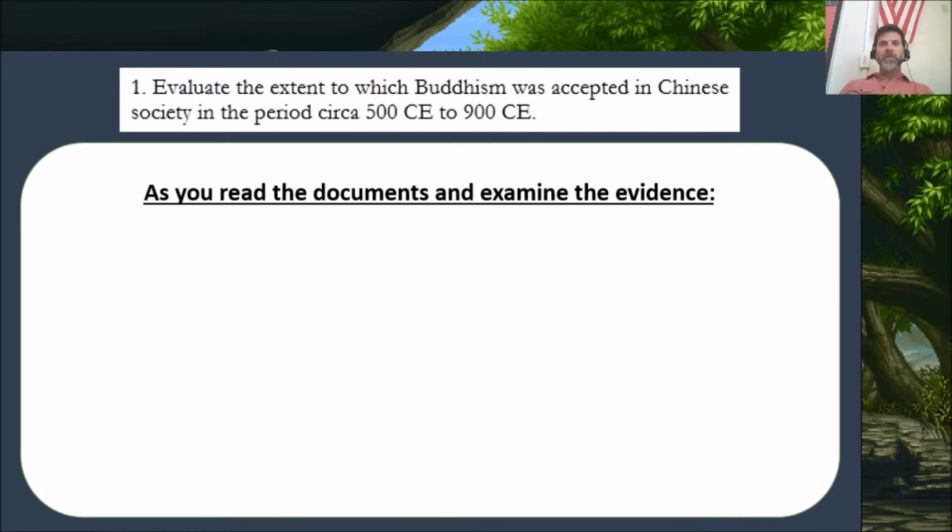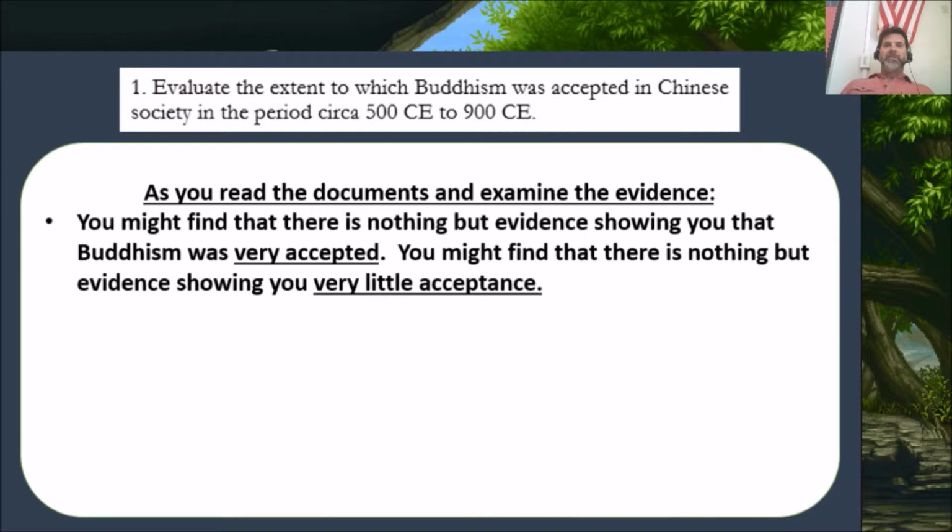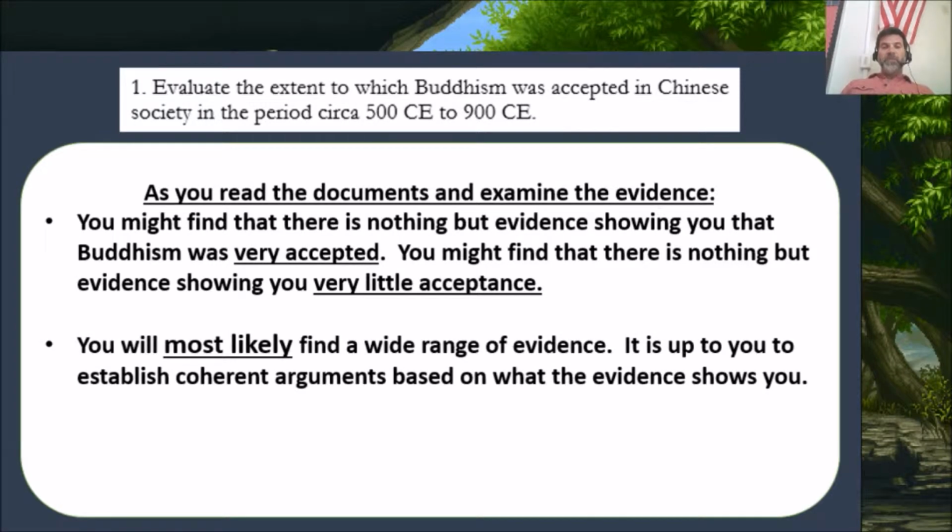The prompt we're looking at: evaluate the extent to which Buddhism was accepted in Chinese society in the period circa 500 CE to 900 CE. As you read the documents and examine the evidence, you might find that there's nothing but evidence showing you that Buddhism was very accepted. You might find that there's nothing but evidence showing you very little acceptance. Chances are, though, you will most likely find a wide range of evidence that covers a few different possibilities.